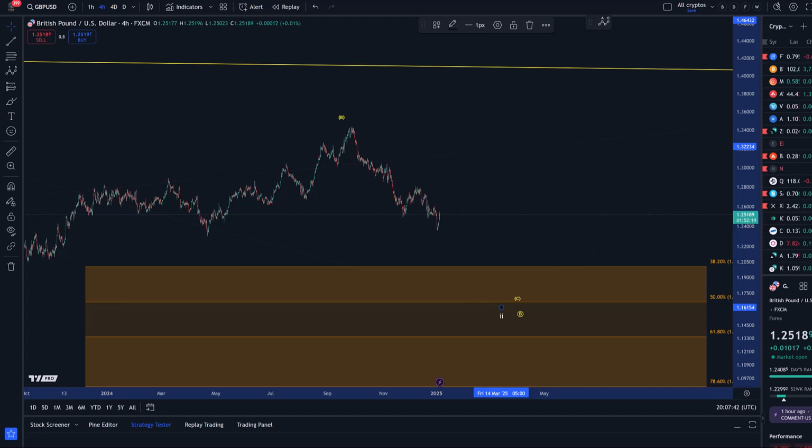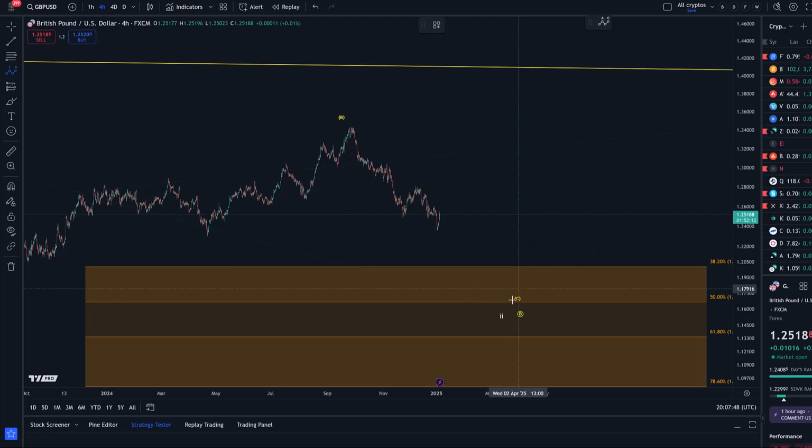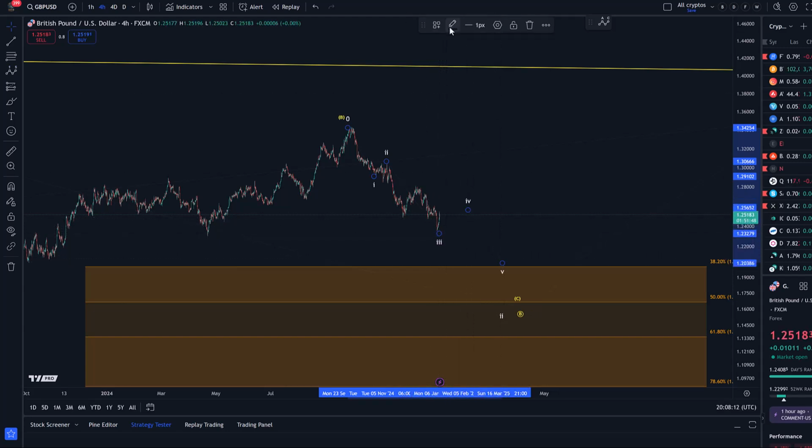What I think we need to consider is that obviously as a C wave down, this would be a 5-wave move, right? So we could see this move down in the beginning as wave 1, wave 2, and then my interpretation would be that the third wave is still unfolding. We should get a 4 and a 5.